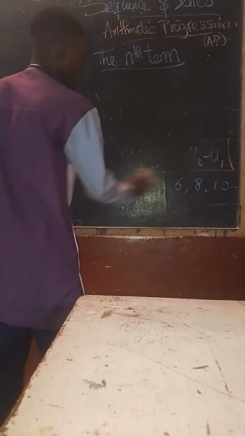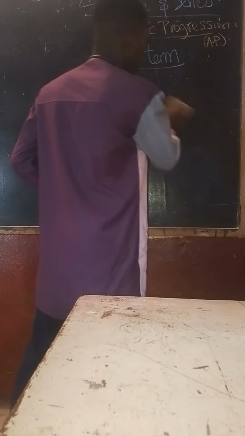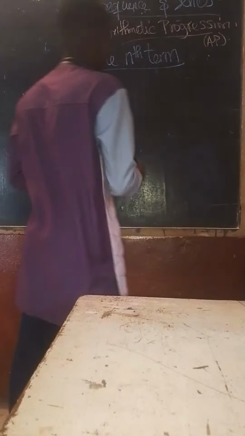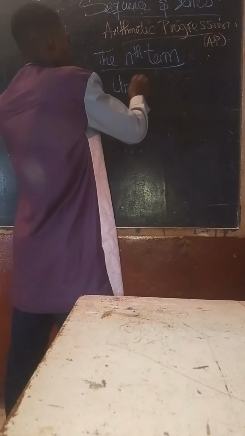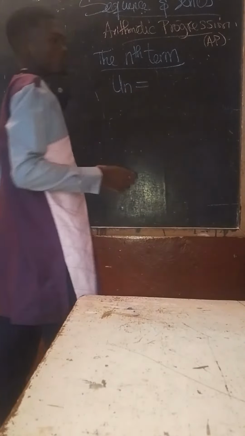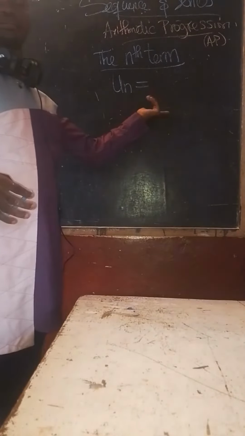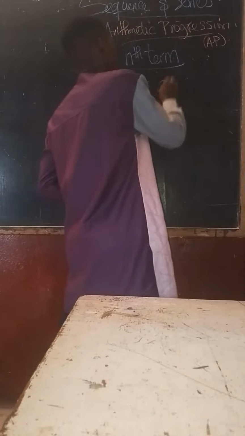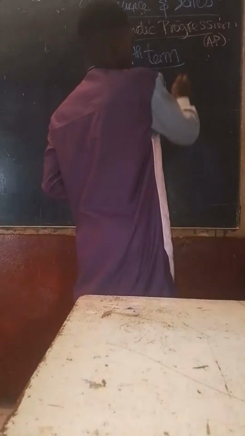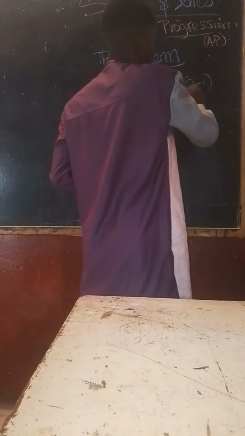The end term of an AP is given by the formula Un equals A, which is the first term, plus n minus 1 times d. What does n stand for?